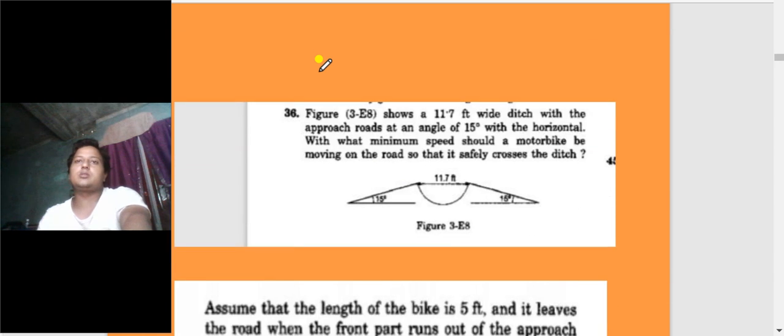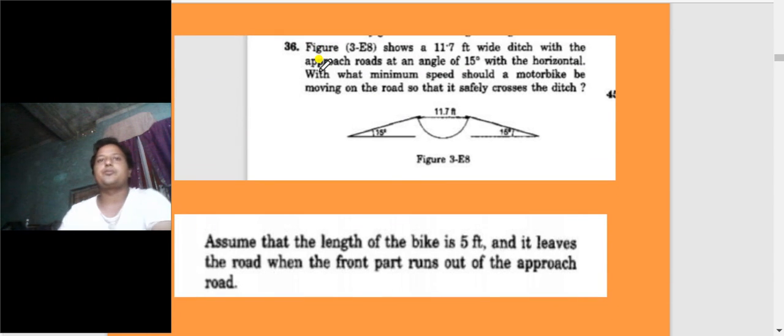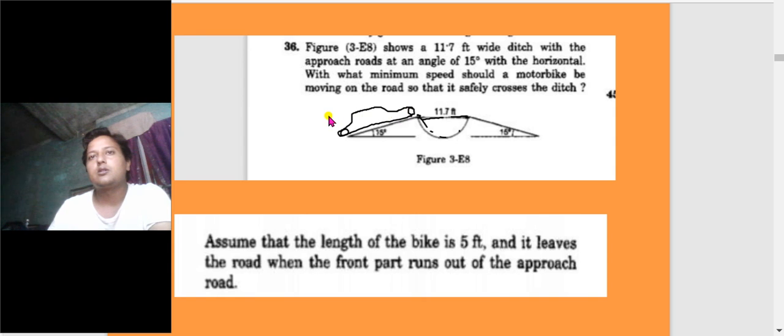Now in question number 36, there is a ditch of length 11.7 feet and there is a car having length 5 feet. We have to project the car so that it safely reaches this point.